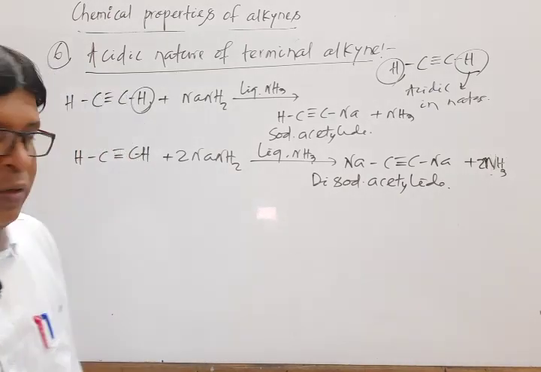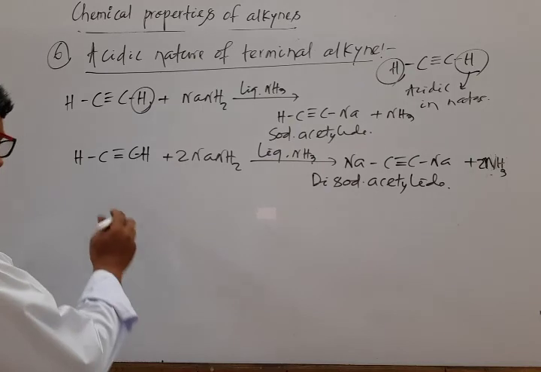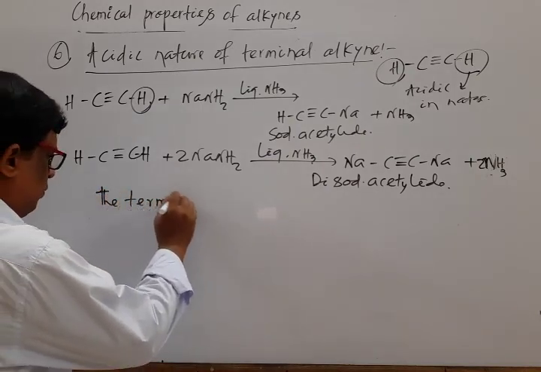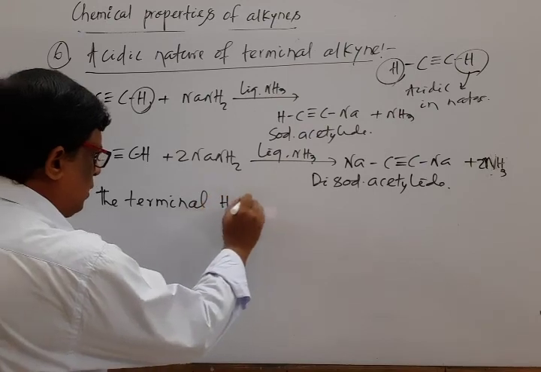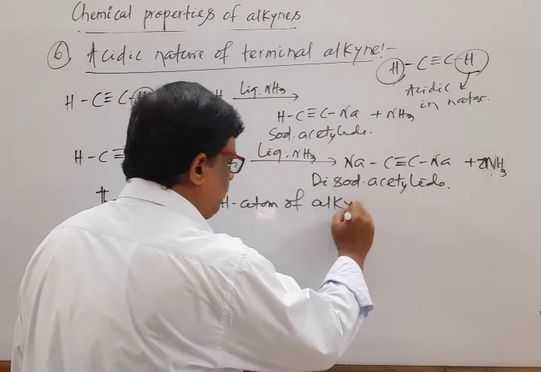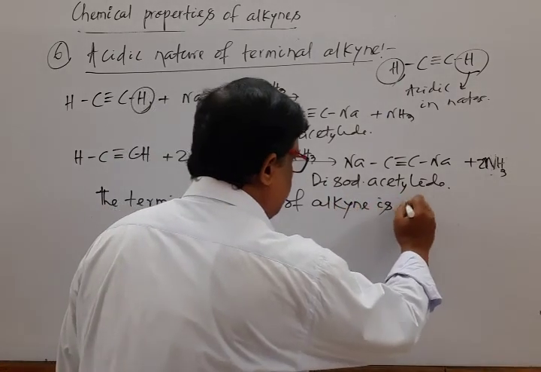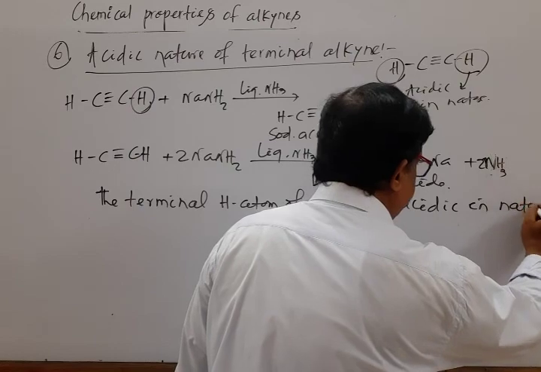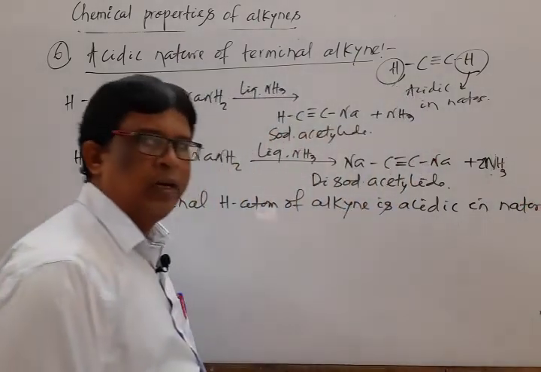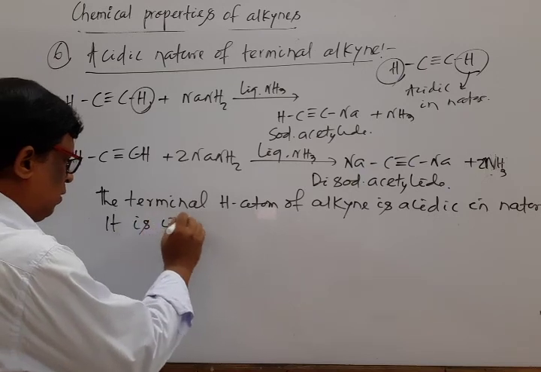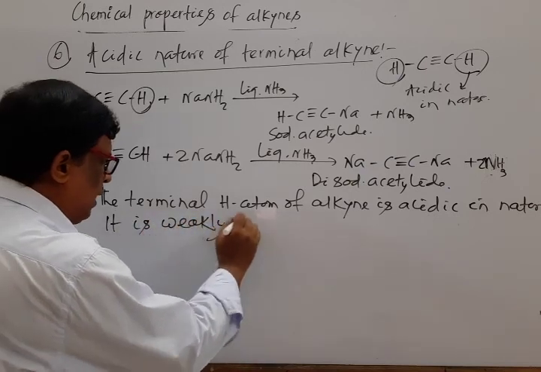Okay, so note down two to three lines. The terminal H atom of alkyne is acidic in nature. Okay, it is a weak acid. It is weakly acidic.